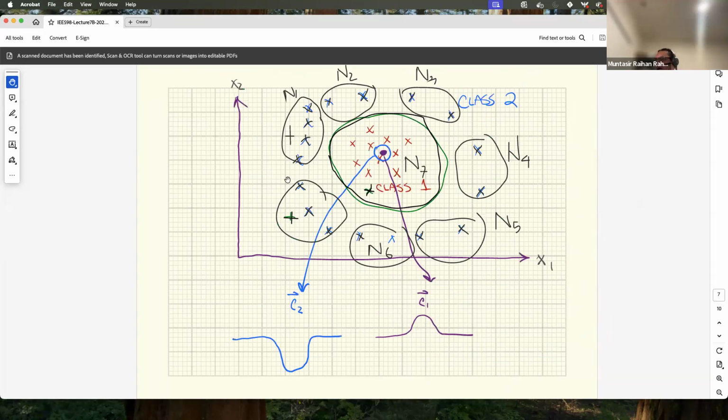All right. So now let's try to mathematically formulate the radial basis function. We understand the architecture and the intuition of why it works. So now my goal is to show that we can actually find a closed form expression for this radial basis function.